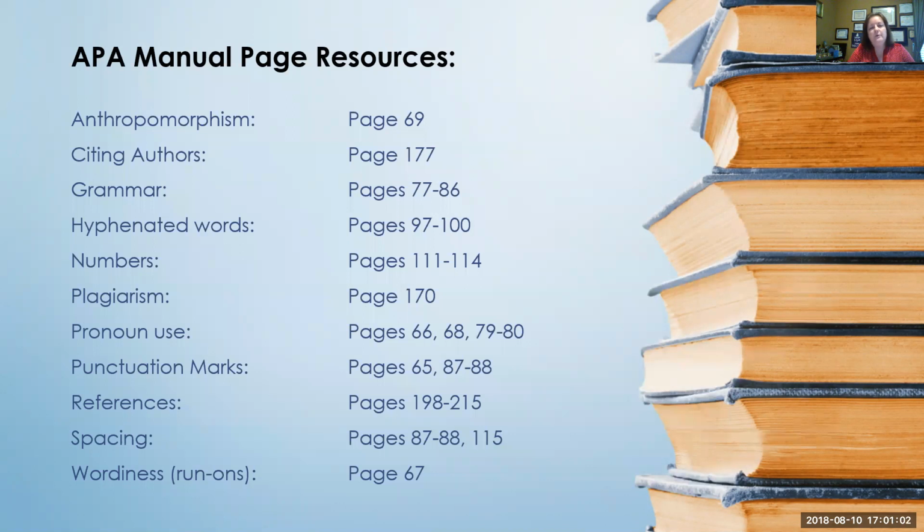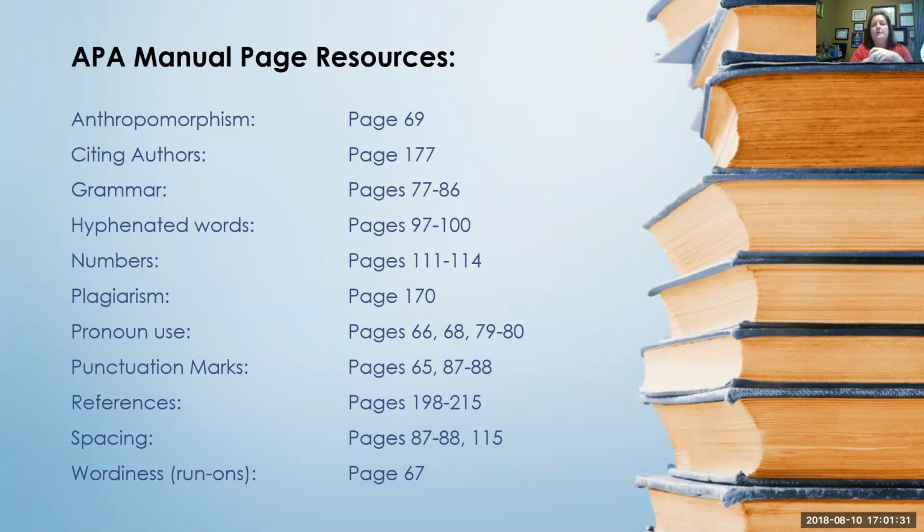Anthropomorphism is one that I will mention periodically throughout your document when I grade your Turnitin document. If you've ever read through my feedback on your Turnitin report, maybe you'll see a little bubble. If you click on that bubble, you'll see what comment I made. A lot of times I already have a quick mark made where I explain what I'm talking about.